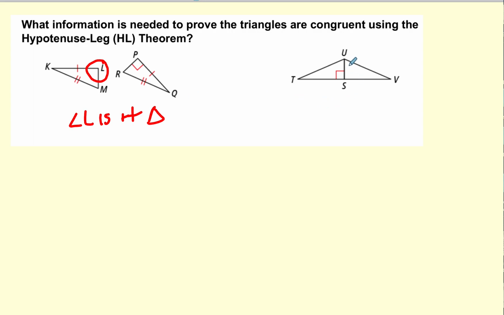Over here, we have a pair of sides that are shared, that is the leg. We know we have a right angle on both sides. What is needed is that TU, which is the hypotenuse, is congruent to UV. These are the things we need in order to use HL.